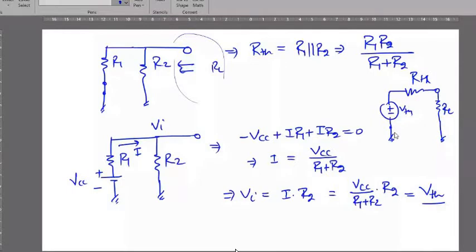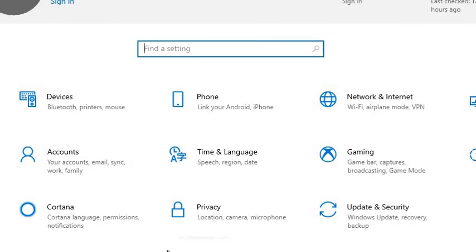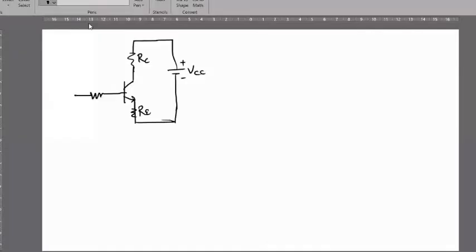So we can make another equivalent circuit analysis. First, we will find the one-sided output, and after that, we will find the two-sided output.